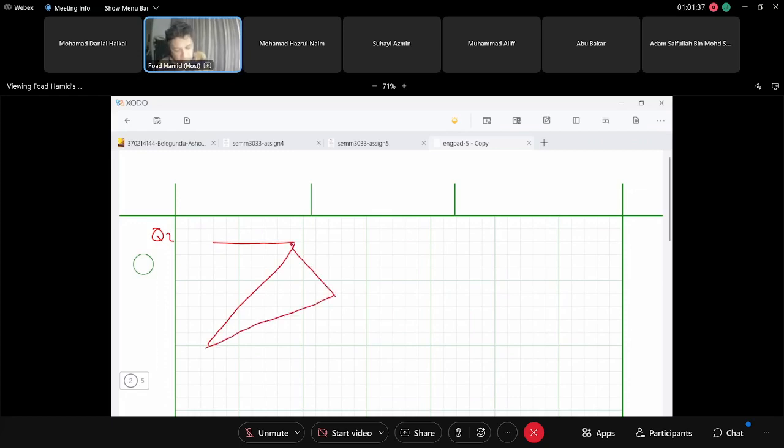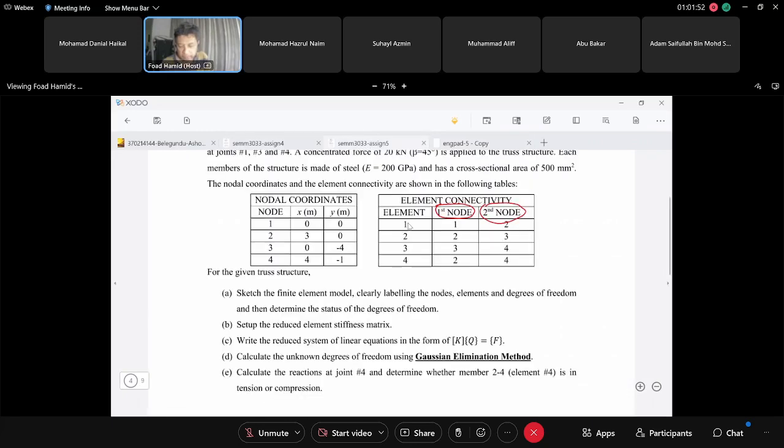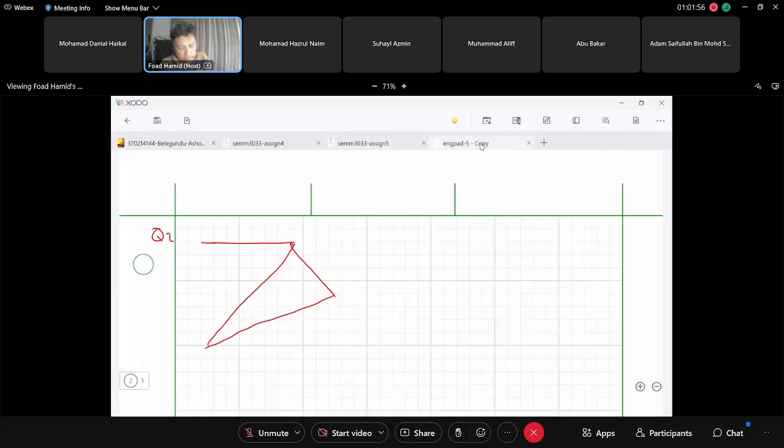In this case, we need to number all the elements. If you look at the question paper, I hope you have it with you, element number 1 is node 1 and node 2. So let's number the nodes 1, 2, 3, and 4.